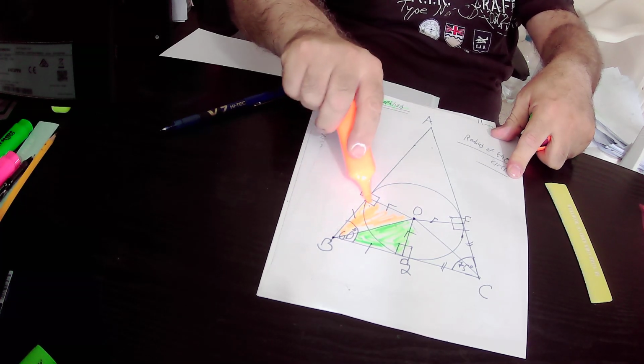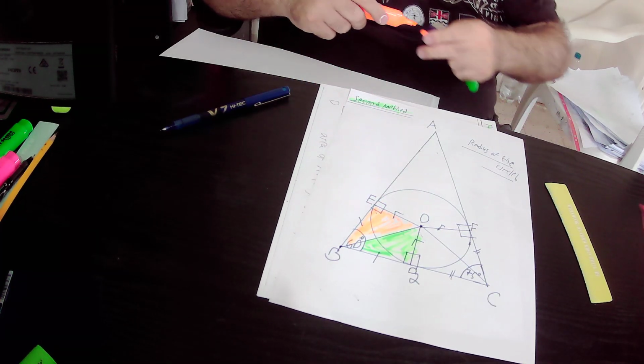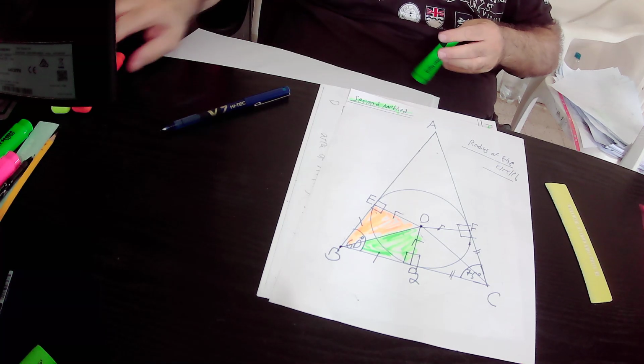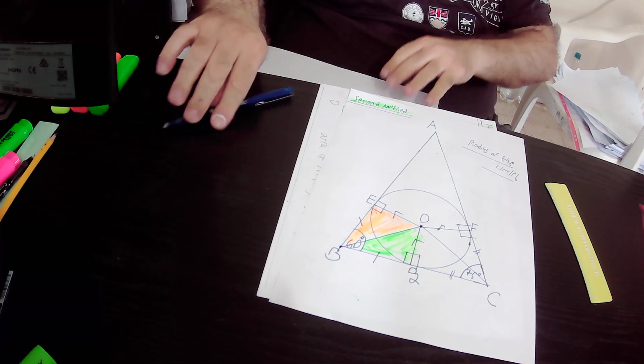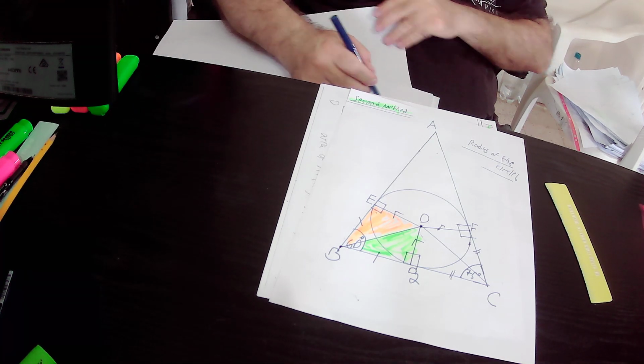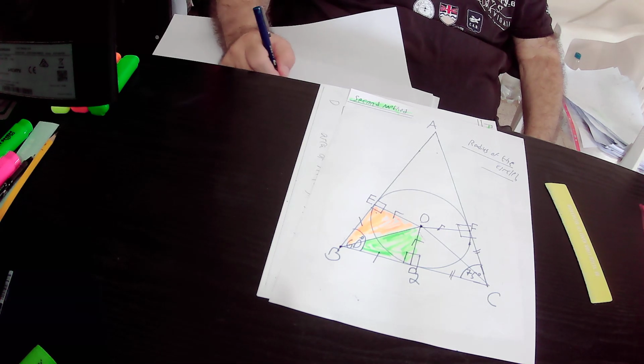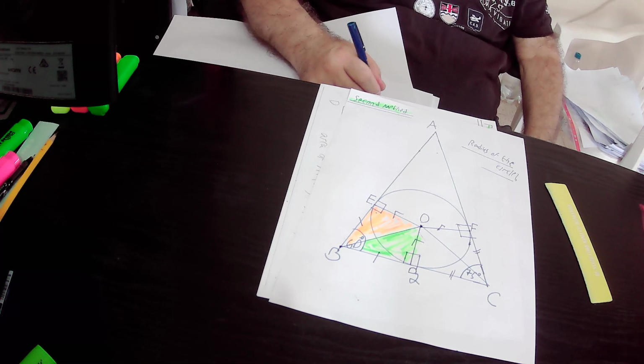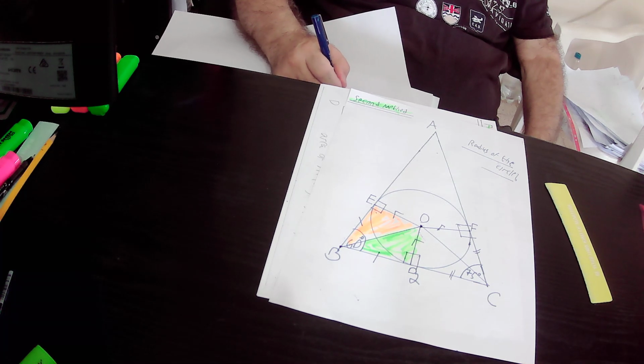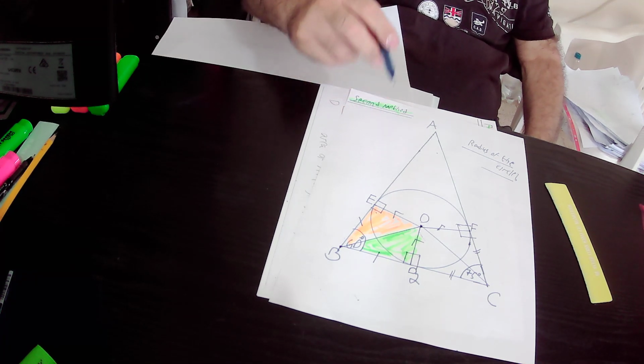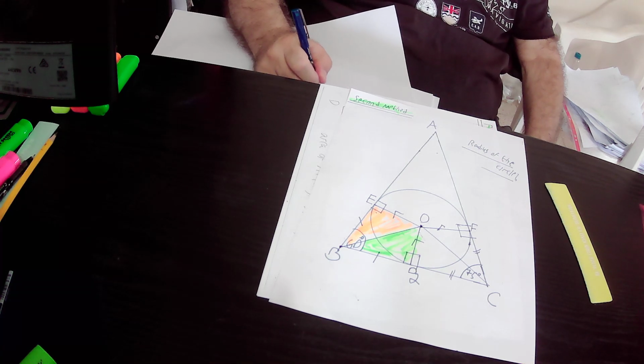So I write it down. We'll prove that the green triangle OBD is congruent to the orange triangle OBE.